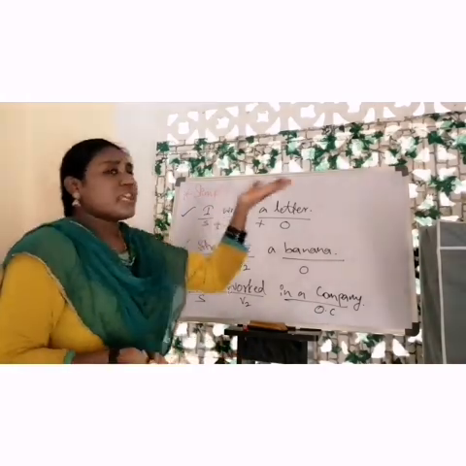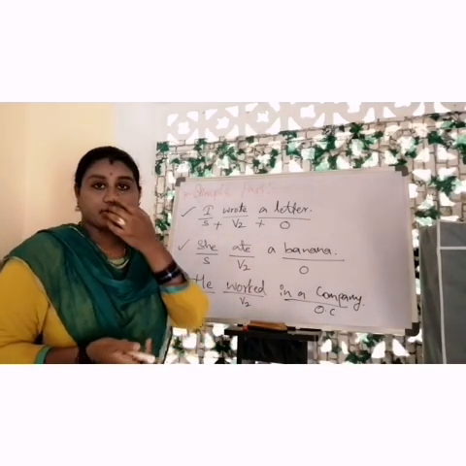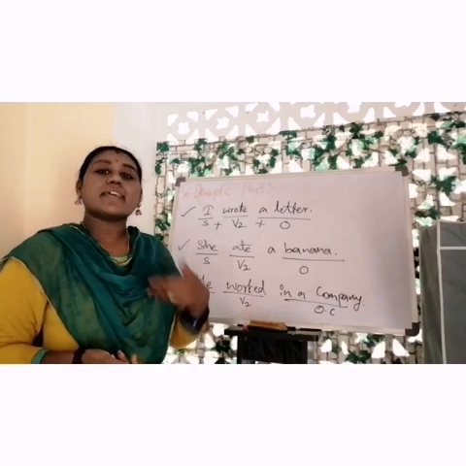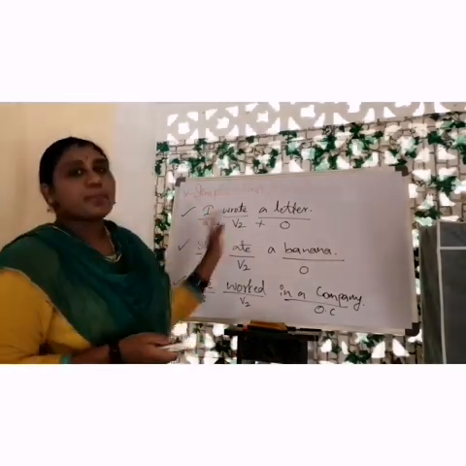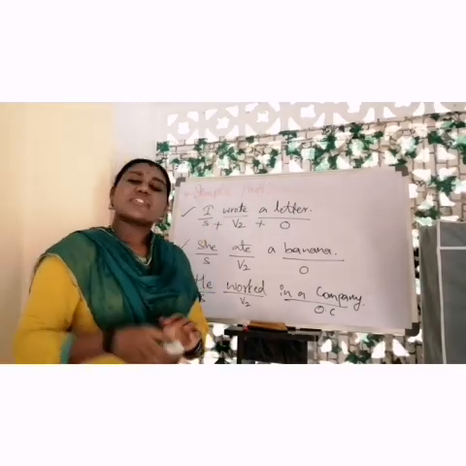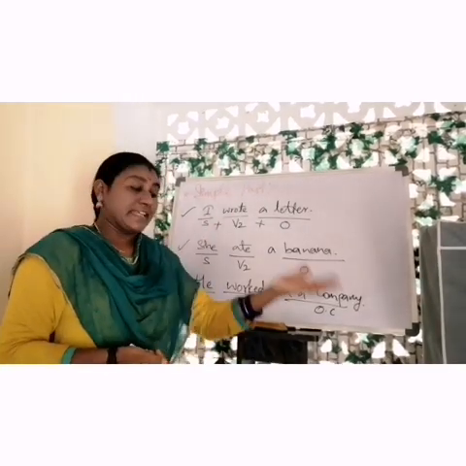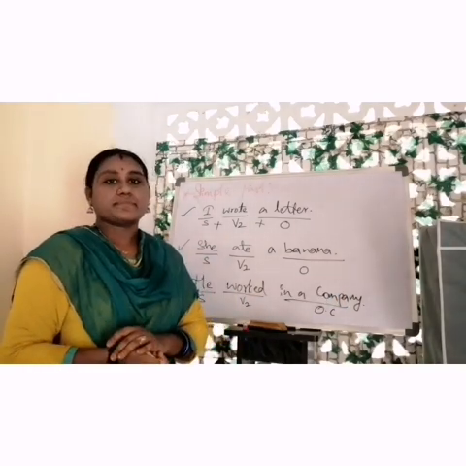Or I wrote a letter. Of course the action was completed. A simple action in past. I wrote the letter and I posted the letter. Okay, so it was completed. So such kind of simple actions: I wrote a letter, she posted a letter, they ate a banana, she ate a mango, she sold fruits.